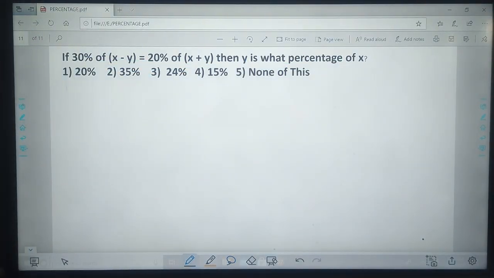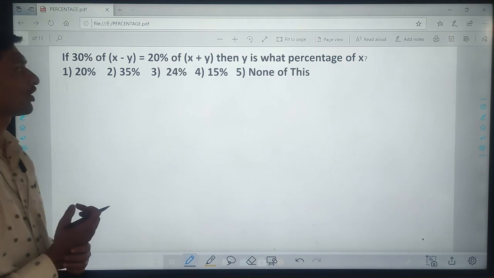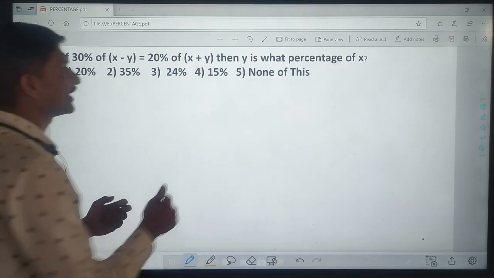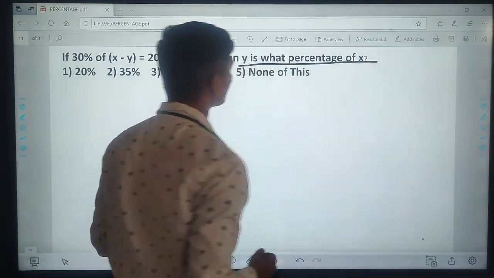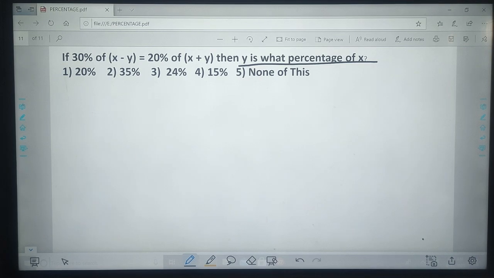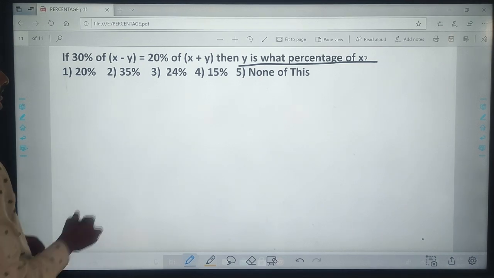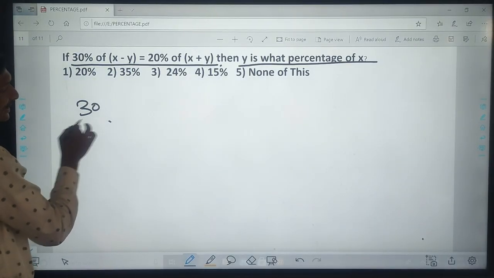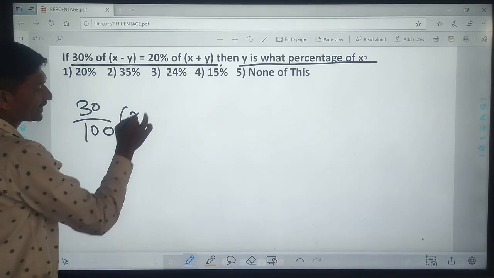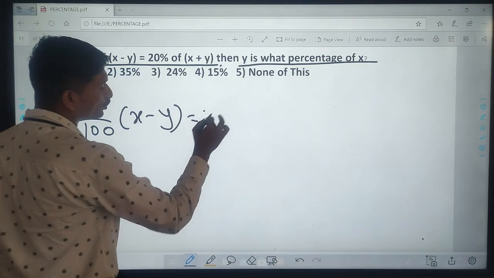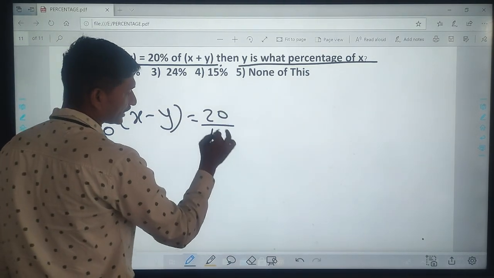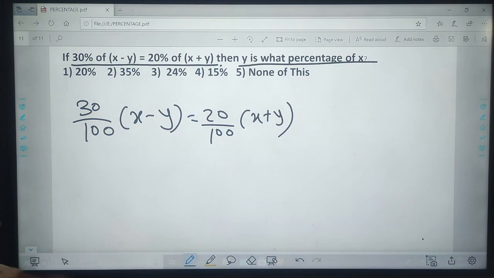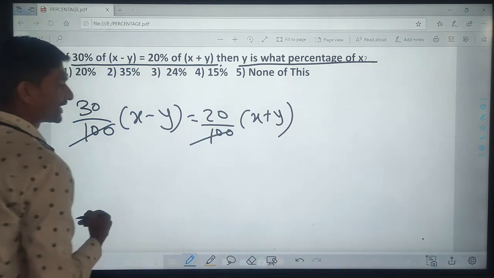If 30% of X minus Y is equal to 20% of X plus Y, then Y is what percent of X? Firstly, we find the value of X and Y. Now here we write this equation: 30% of X minus Y is equal to 20% of X plus Y. Now 100 gets cancelled.